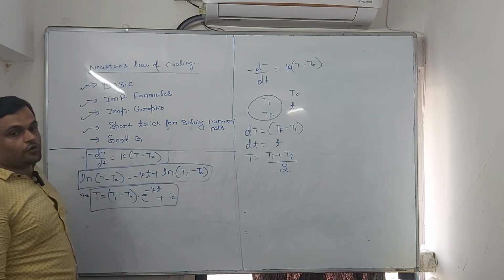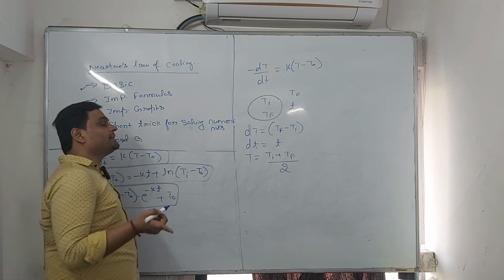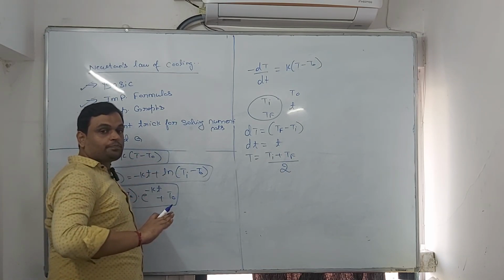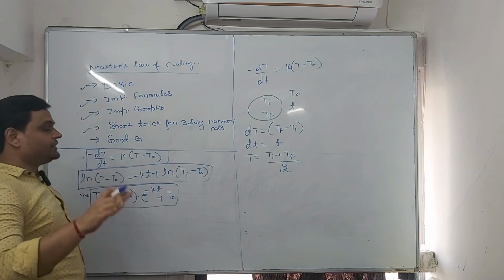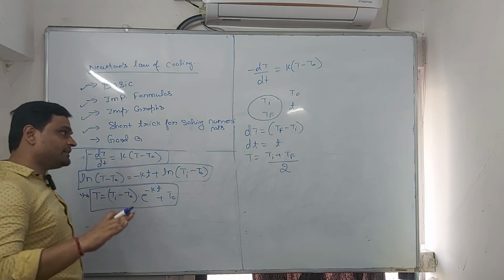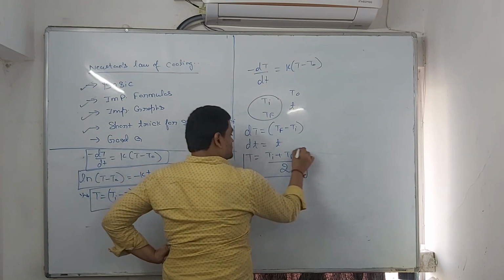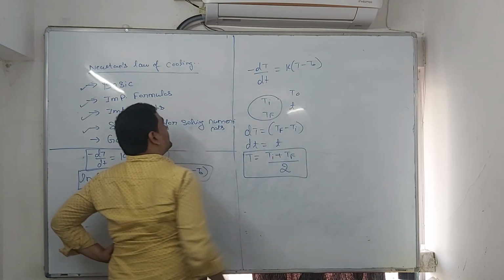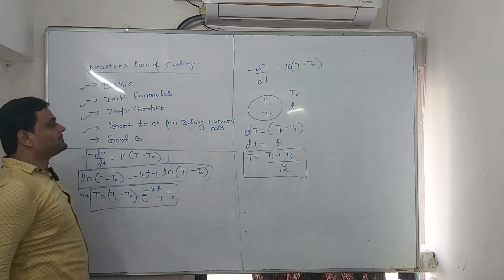So whenever anything is following a linear relation, the average will always be initial plus final divided by 2. The same thing you must have studied in kinematics also, in pressure also, the variation of pressure due to any fluid, rho g h. The same logic we have applied here. So this part is an important short trick for solving the numericals.